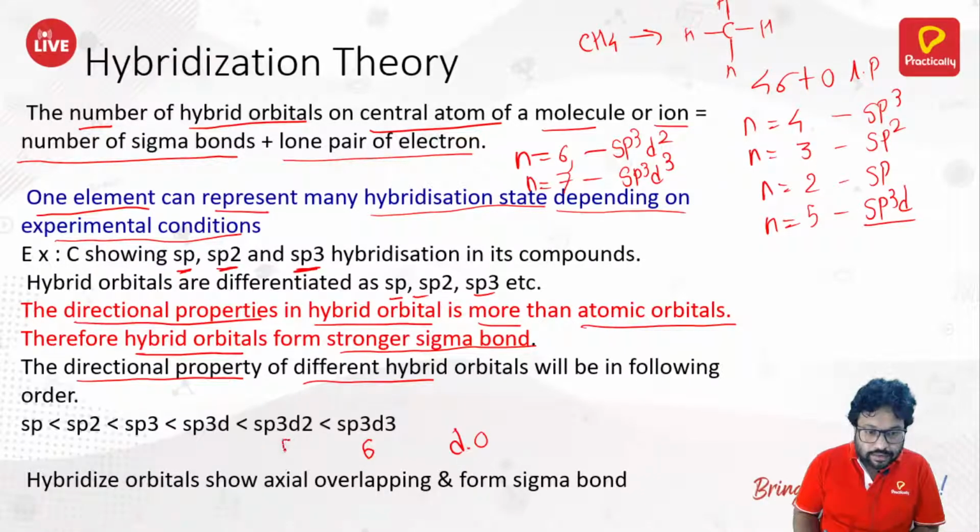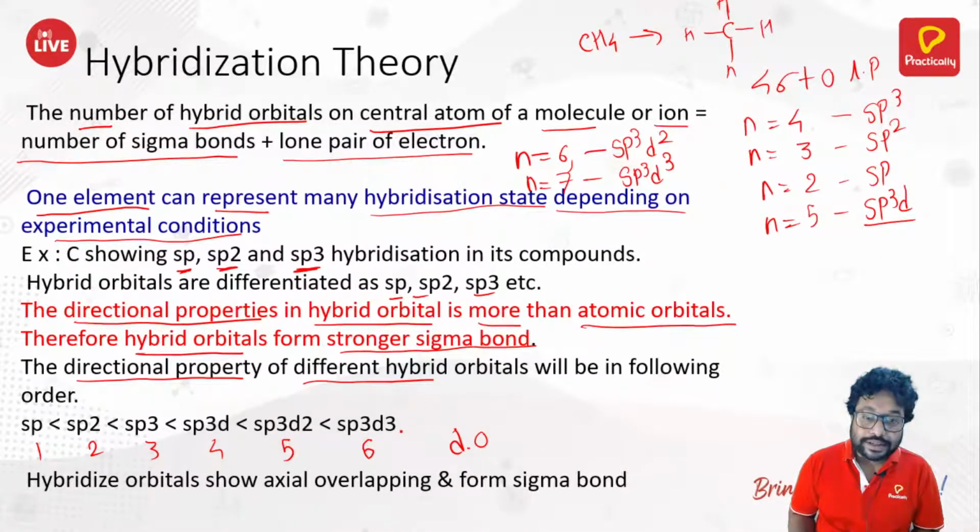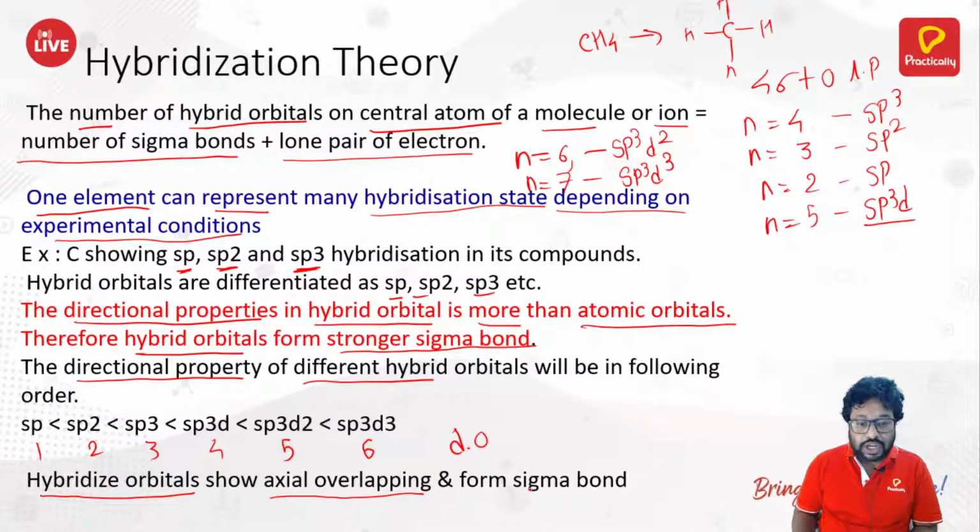Here you got 5, here you got 4, here you got 3, 2, 1. So in sp3d3 the directional orbitals are more than sp, because of which sp3d3 will form stronger bonds than the sp. Okay. Now hybridized orbitals can also show axial overlapping to form a sigma bond.